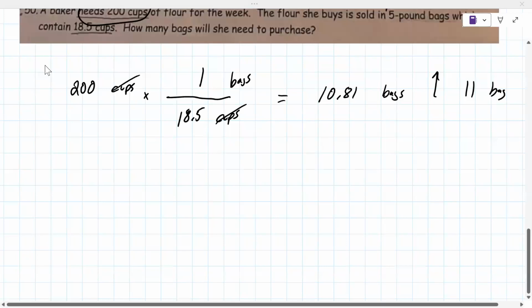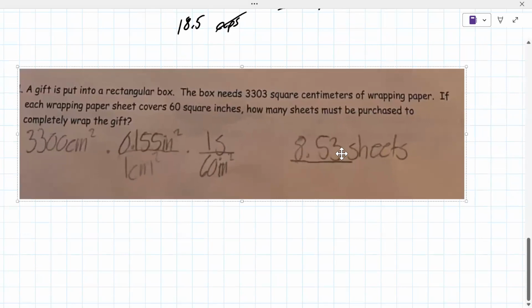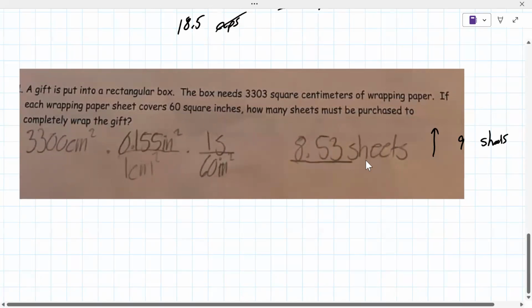Awesome. Again, you probably need to round up to 9 sheets. Maybe you can cut a sheet in half. If it's aluminum foil, you can cut the aluminum foil sheet in half. I don't know how this situation works. Let's write that next to it.